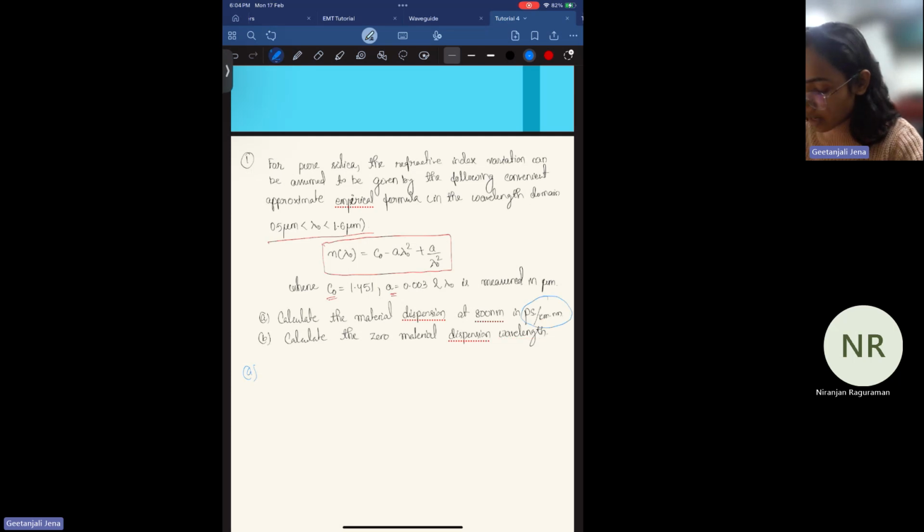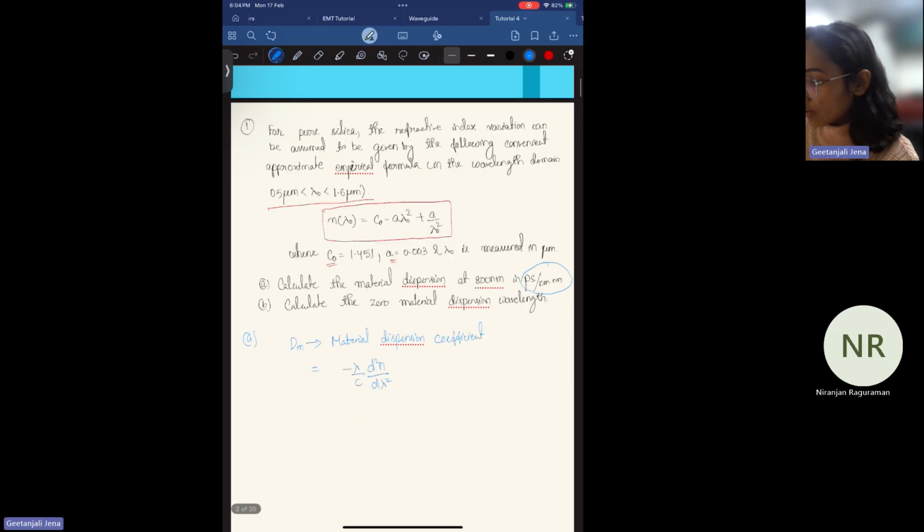That means it asks about D_m, which, if you recall, is the material dispersion coefficient. It is given by lambda by c times d square n by d lambda square.